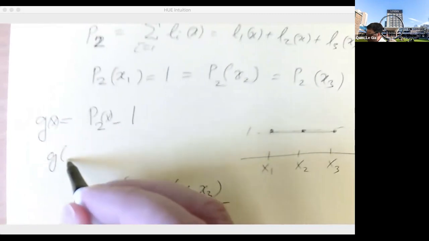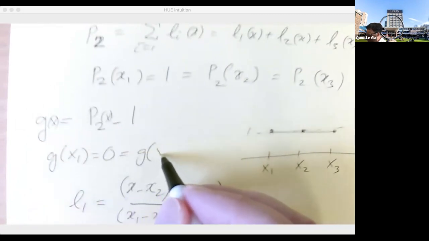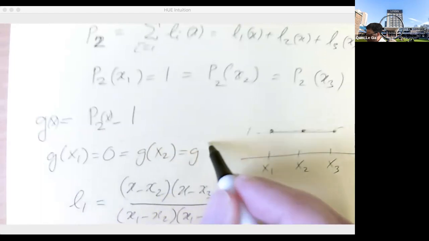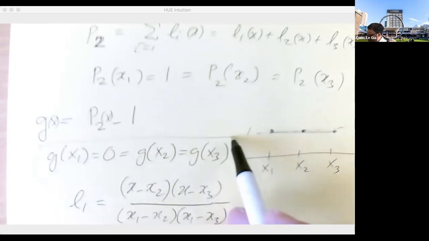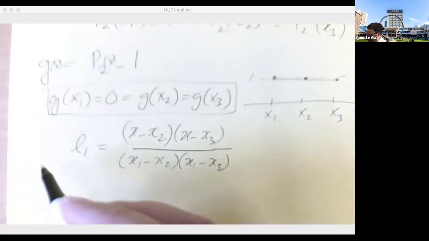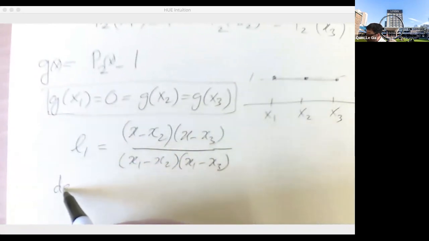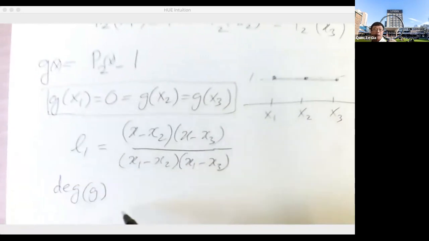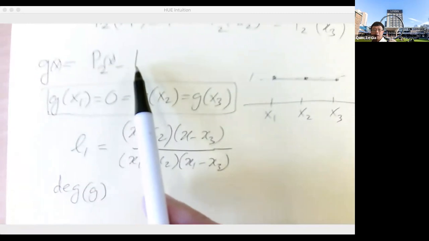Then I have G of x1 equals 0, equal to G of x2, equal to G of x3, because of the interpolation condition. The degree of G is 2, because P2 has degree 2 and the constant has degree 0.